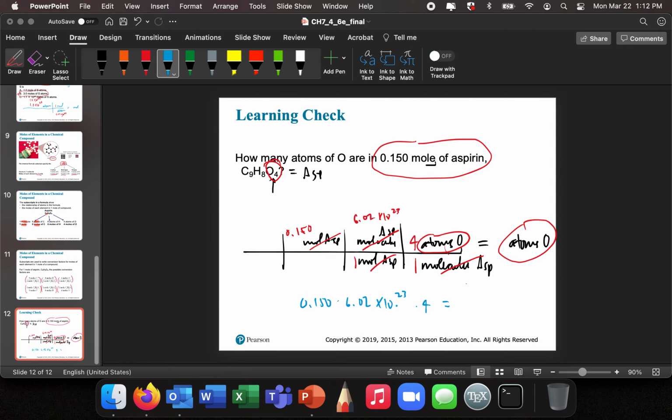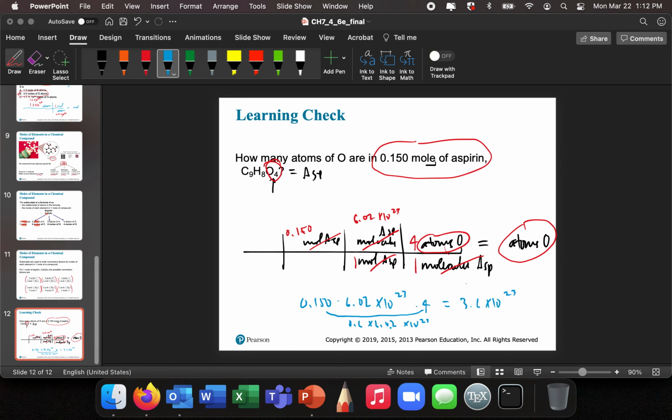This is almost math we can do in our head. That's 0.6 times 6.02 times 10 to the 23rd. So it's going to be about 3.6 times 10 to the 23rd.